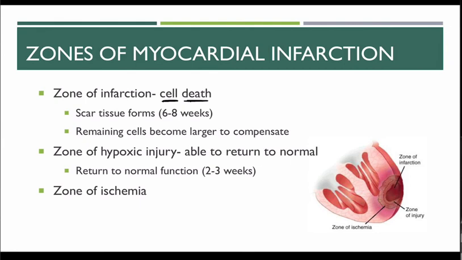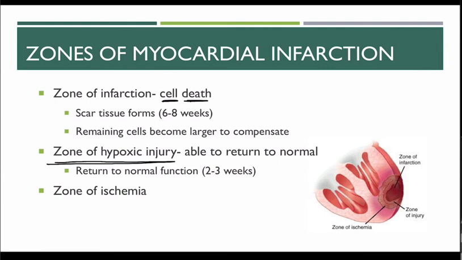The zone of hypoxic injury are the cells that are getting insufficient oxygen, but they're not so hypoxic that they die. So this is in Unit 1, when we went through the steps of hypoxic injury.